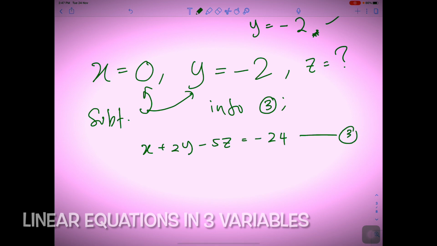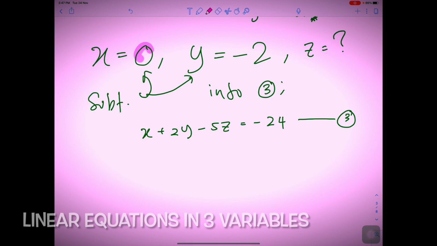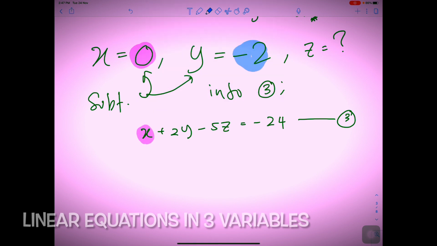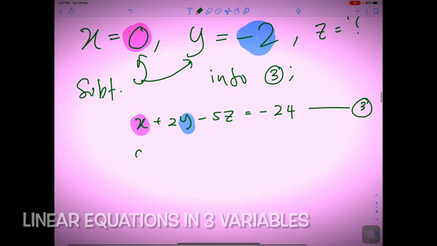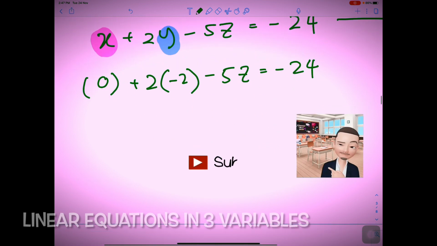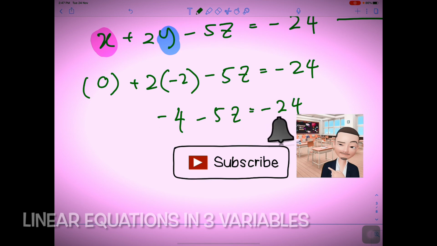Substitute x equals 0 and y equals negative 2. Then 0 plus 2 times negative 2 minus 5z equals negative 24, so negative 4 minus 5z equals negative 24.